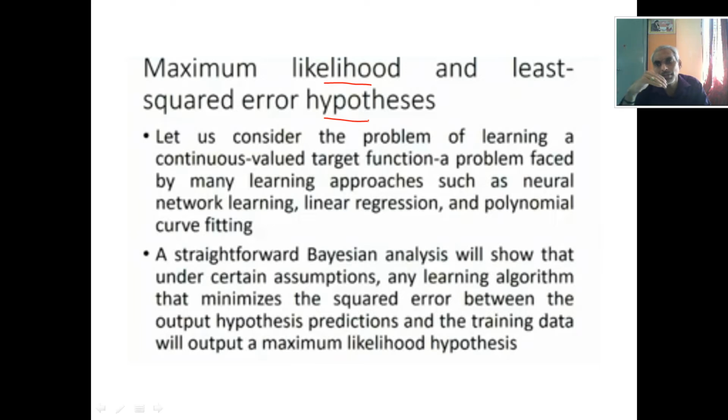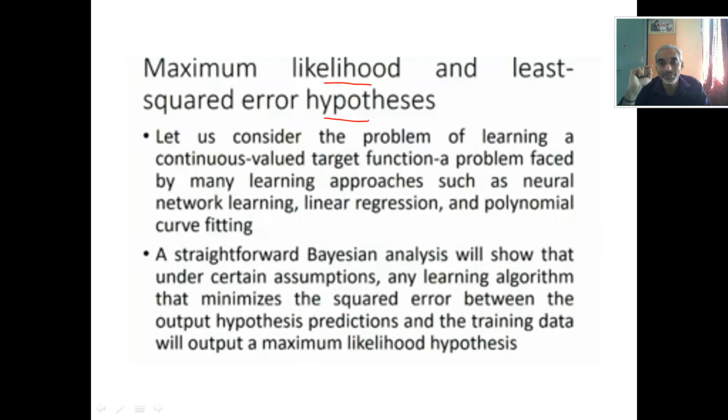All of these are where the continuous valued target function comes into the picture. A straightforward Bayesian analysis will show that under certain assumptions, any learning algorithm that minimizes the squared error between the output hypothesis predictions and the training data will output a maximum likelihood hypothesis.